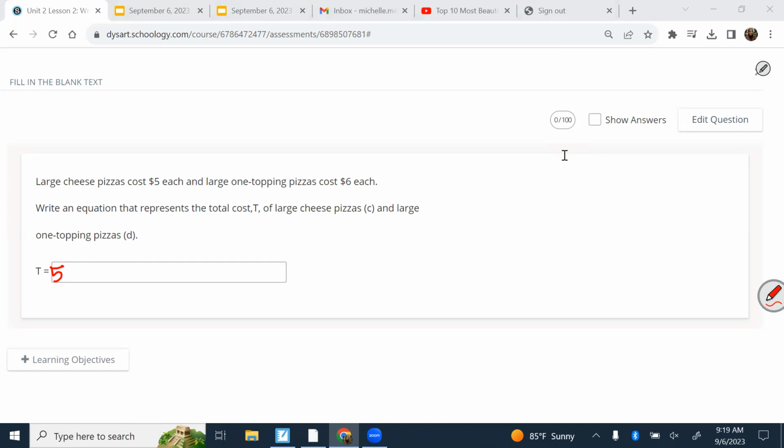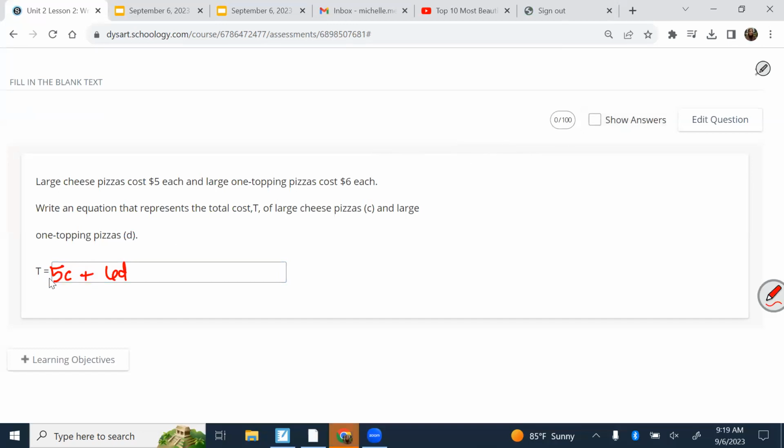Okay. And then the 1 topping pizzas are $6 each, which I'd multiply by the variable that they said. And then what symbol should I put in between them? Because they both contribute to the cost. So it should be something to that effect.